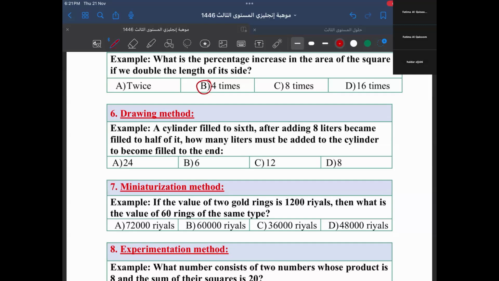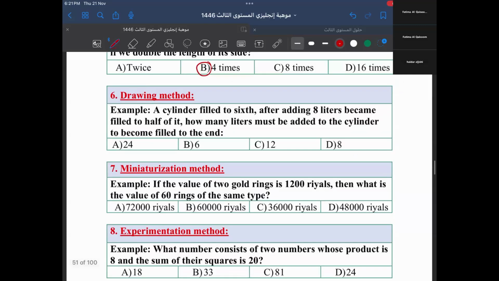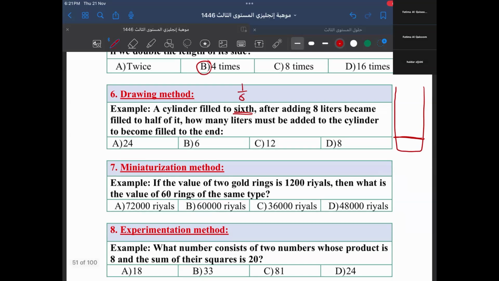Okay, Mumtaz. So they're asking, we have a cylinder here. It was filled to its 6th. The 6th equals what in fractions? 1/6. 1/6, Mumtaz. So after adding 8 liters, 1/6 plus 8 liters became filled to the half.